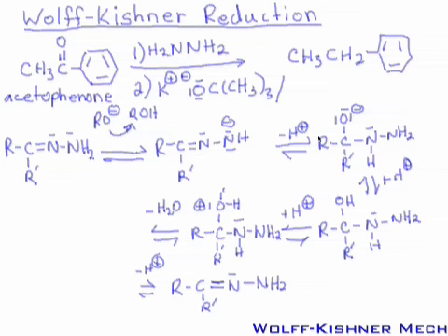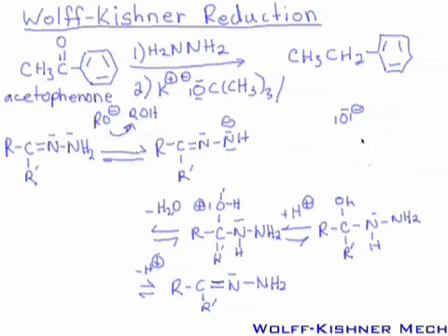Now, if I deprotonate this, I can draw a resonance contributor for this, R, C, R prime, where I move these two electrons to create a double bond between the nitrogens and move the pi electrons out on the carbon.